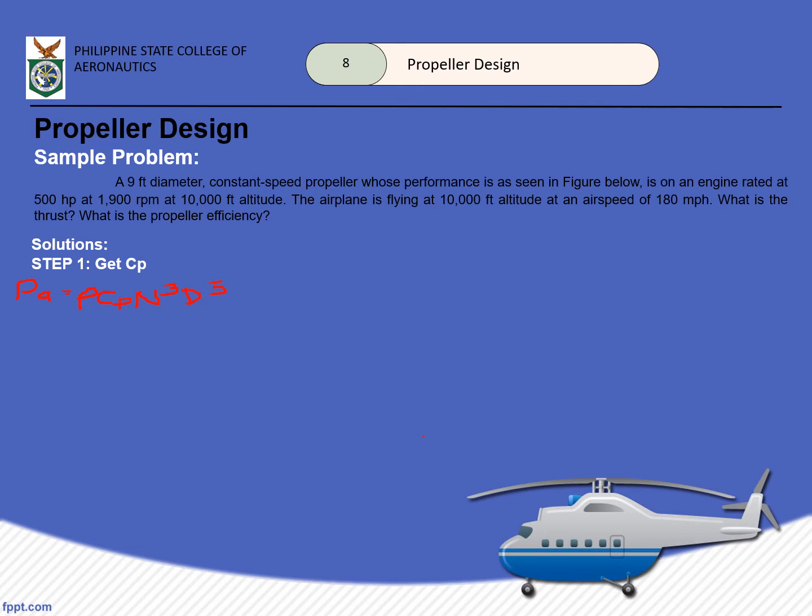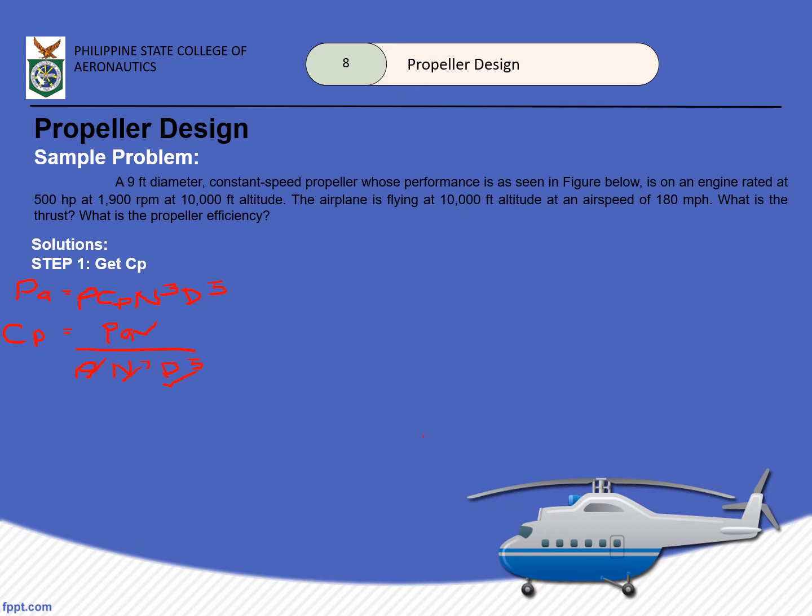So, we try to put CP on the other side. We would get our power absorbed all over density, N cubed, D raised to 5. If we plug in our values, we already have the power absorbed from earlier, the density at 10,000 feet, N, and the diameter.